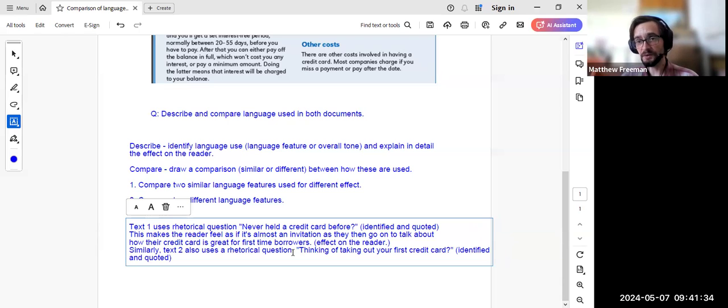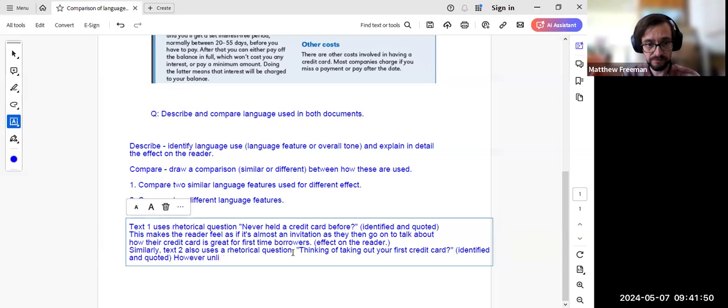What they are going for with this use of rhetorical question is different. So we want to, again, use a comparative word to show that we are comparing the differences here. So we'll go with however.